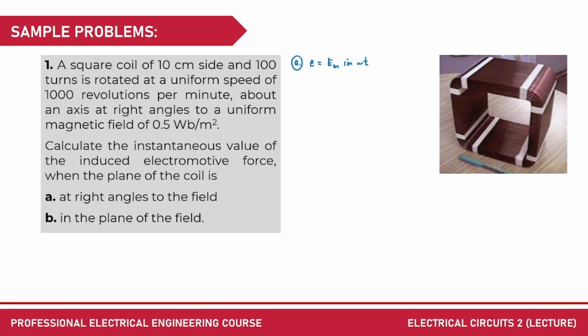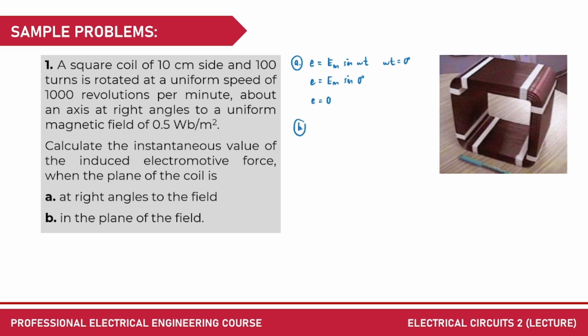It's obvious that when it is at right angles, your omega t is zero, because there is no angle difference between the coil and the magnetic field. So e is equal to E sub m sine 0, and you will get 0.